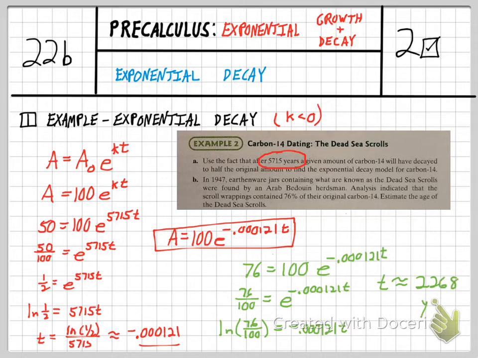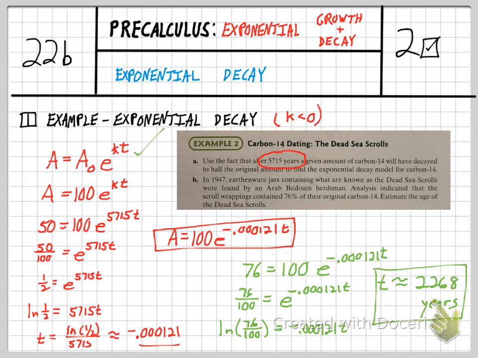So in this case, my discovery is that in 1947, based on the amount of carbon in the sample, it was determined that the Dead Sea Scrolls were about 2,268 years old.